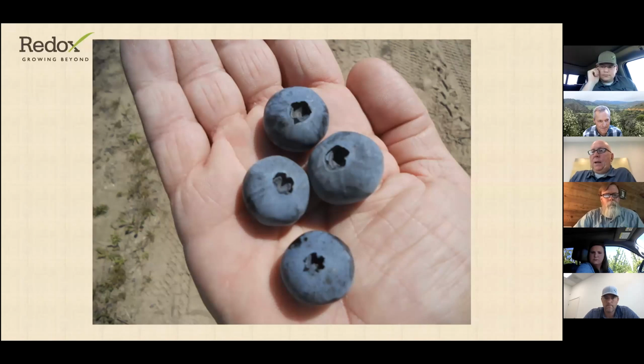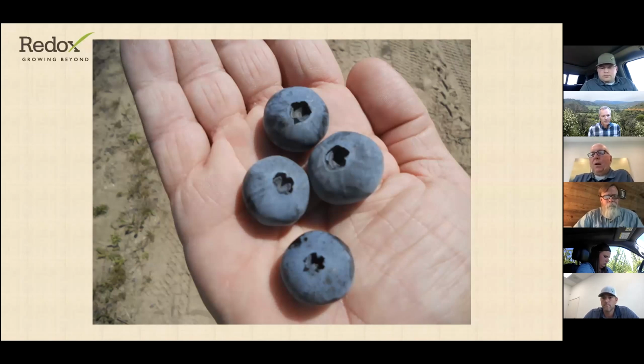First of all, Supreme in blueberry production, if you start at initial flowering, and typically on blueberries, we use 1 pound per acre, and repeat that because it's indeterminate. So you have flowers setting at different stages.